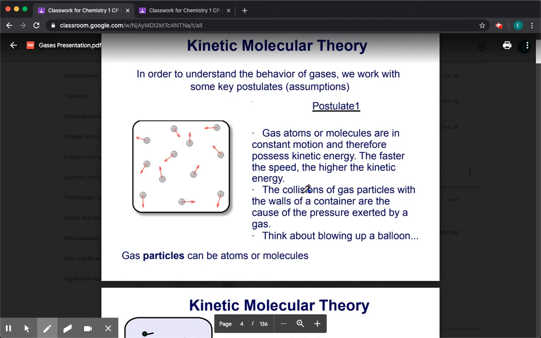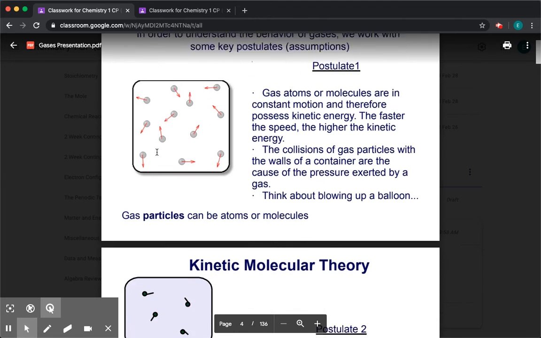So just to make that clear, I want you to think about a balloon. I think I've showed you a video in the past where if you put a balloon in something cold, the balloon will shrink. Why does that happen? Well, now let's continue looking at another postulate.